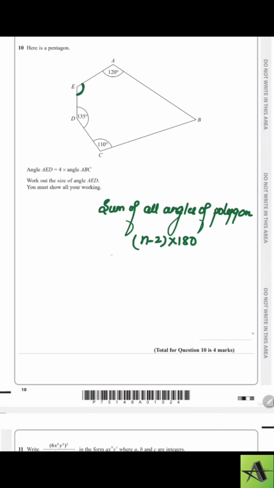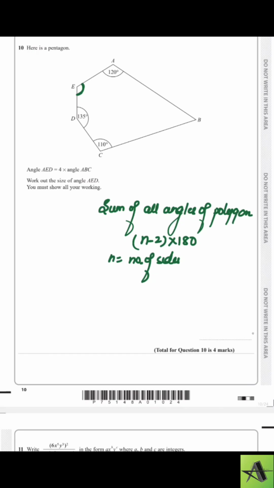So this n is nothing but the number of sides. So when I substitute 3 here in place of n, I'll get 3 minus 2 times 180, which is 180. And we all know that the sum of all angles of a triangle is 180.